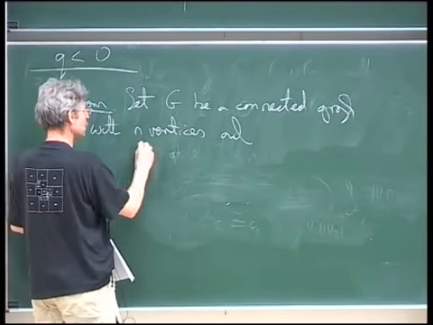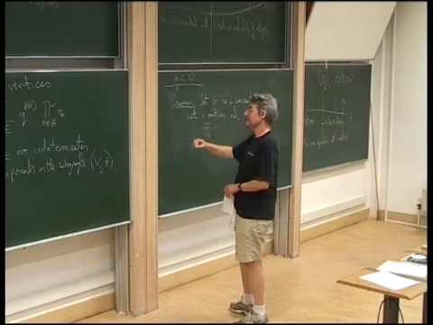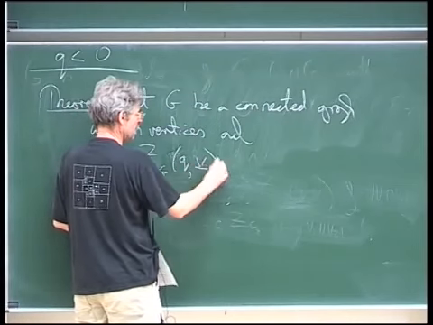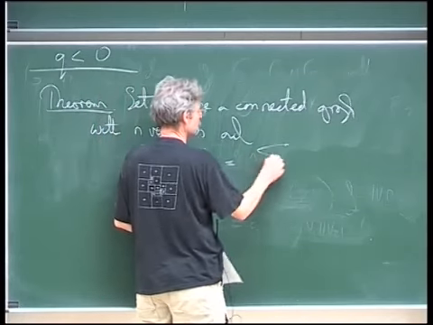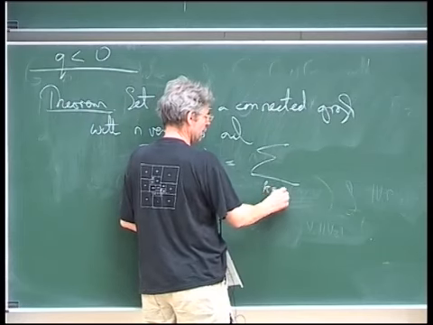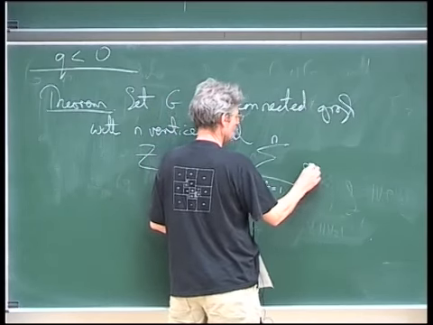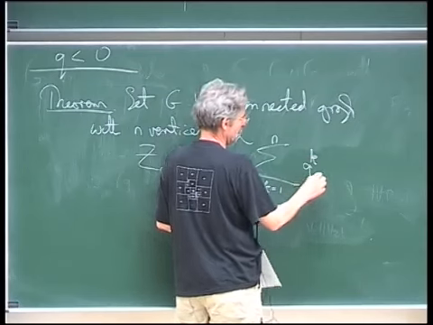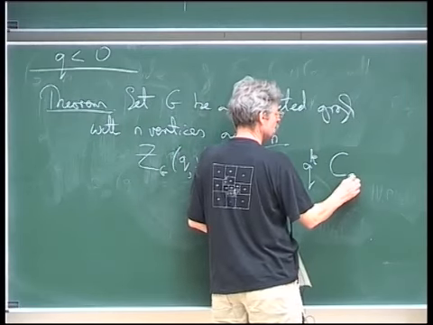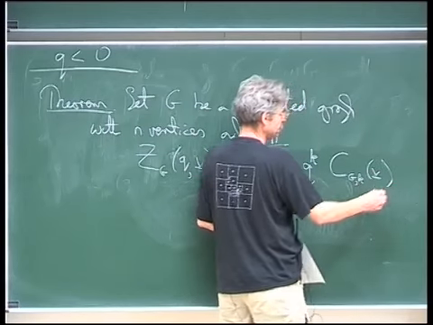I want to write the multivariate Tutte polynomial so that I group all the powers of Q together. So Z_G(q,v) is going to be the sum, K equals 1 to n, of Q to the K times some function of G and K of v.